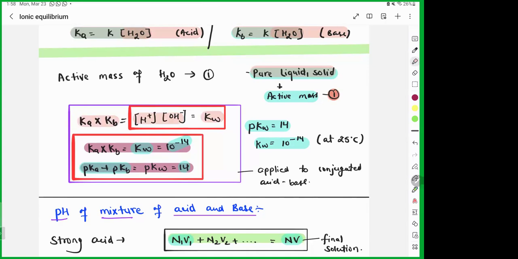pKa plus pKb is equal to pKw, which is equal to 14. Remember, whenever you have the p prefix, the number will be between 1 to 14. And whenever you have normal Ka, Kb, Kw, then you will have power.